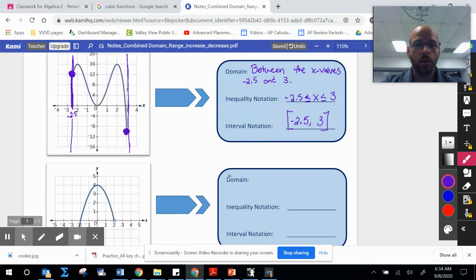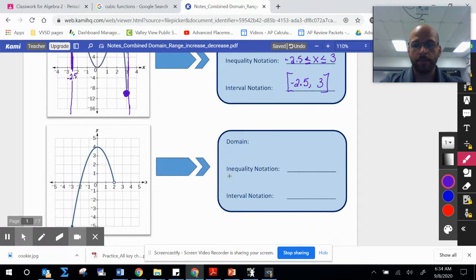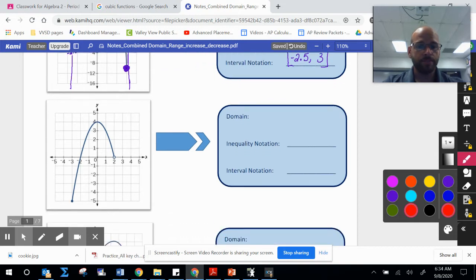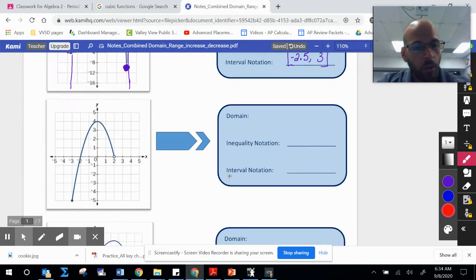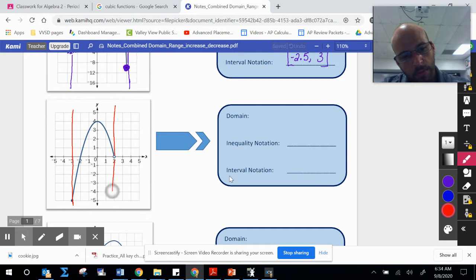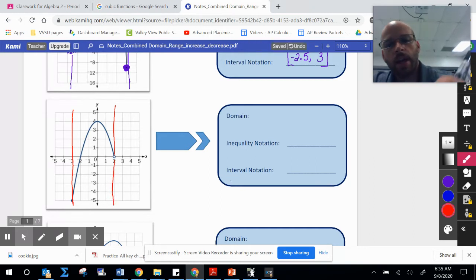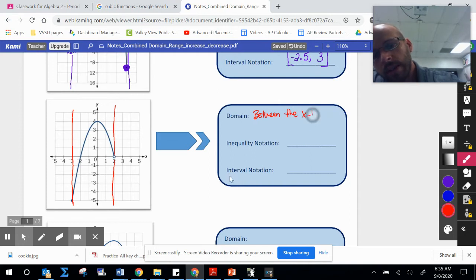So if I keep going, I'm just going to do the domain again. If we look at this one, we want to know what x values this graph is between. I know that it's going to be between the x values negative 3 and a positive 2.